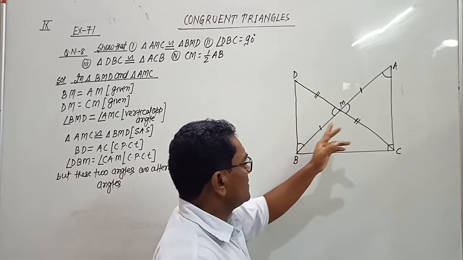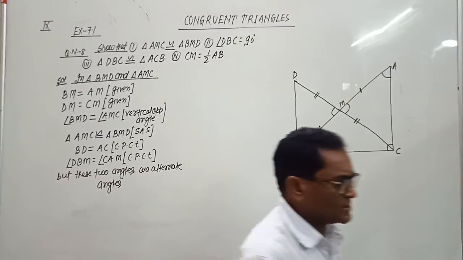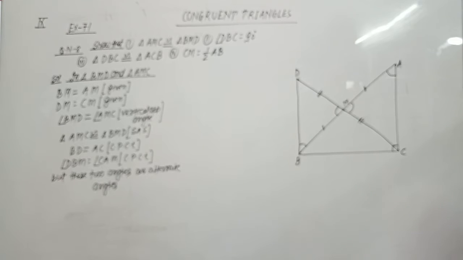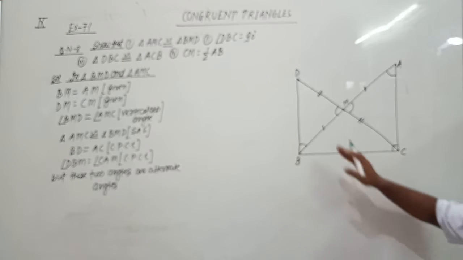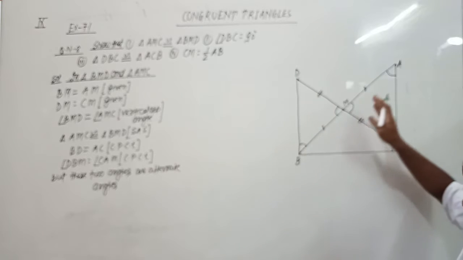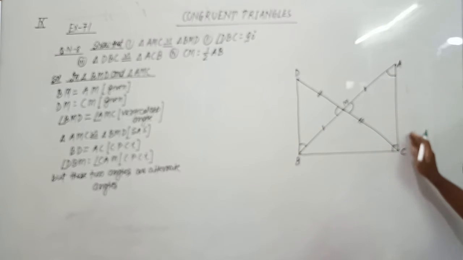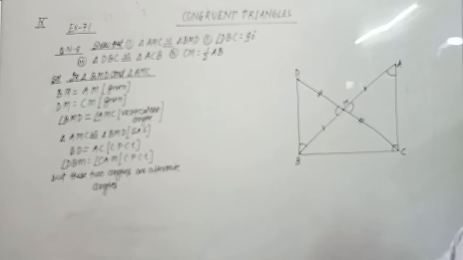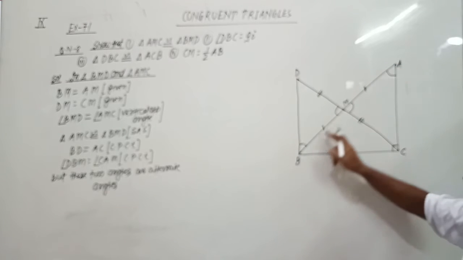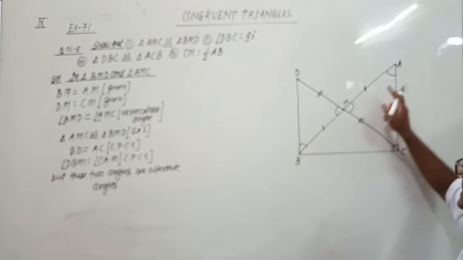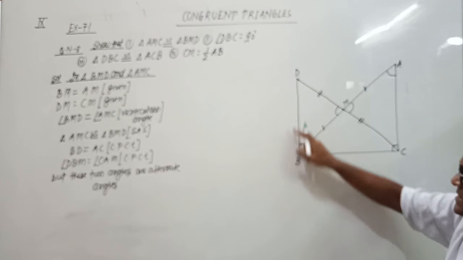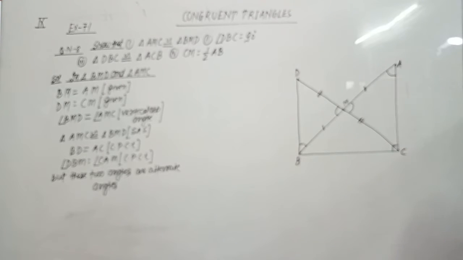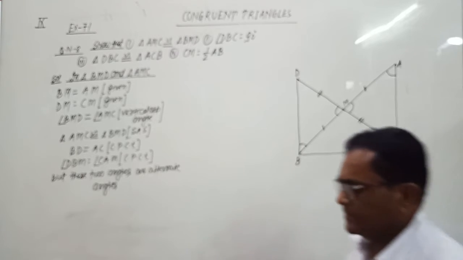And we know that if two alternate interior angles are equal, then the sides must be parallel. So BD is parallel to AC and AB is the transversal, and this angle is equal to this angle. It means side BD must be parallel to AC.